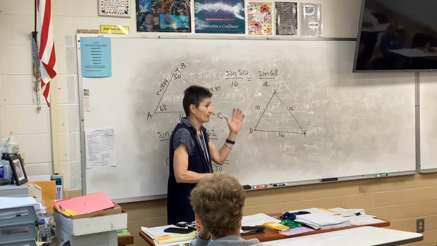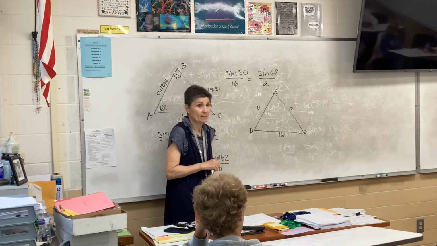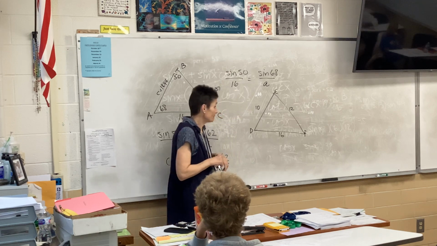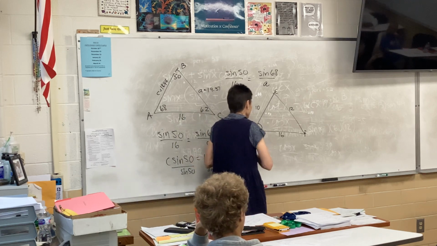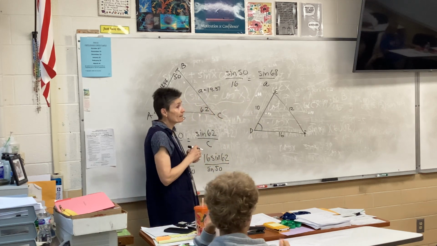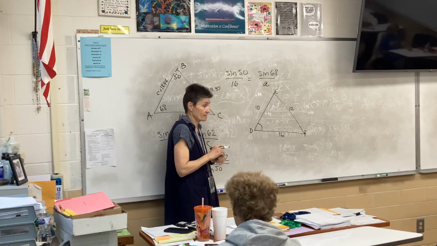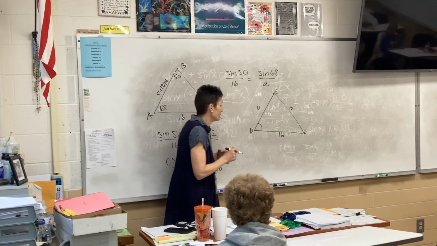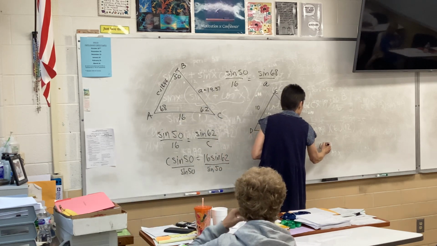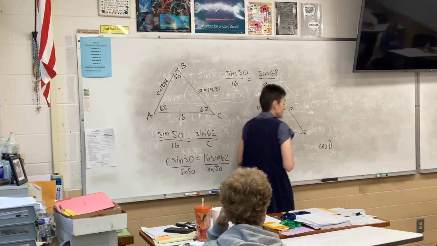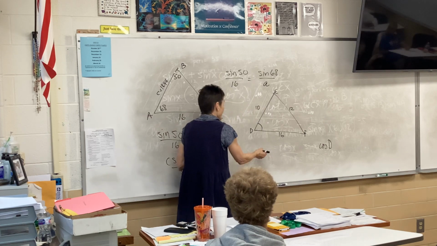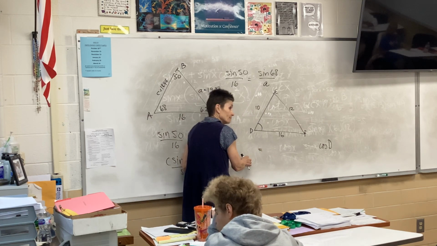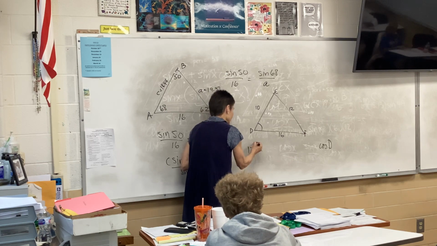You get to pick. What angle do you wanna find first? It makes no difference. Which one do you wanna find? D? Or I find angle D first. If I am using the law of cosines, and I am finding angle D first, then over here on this side, it's gonna say cosine D. And what's gonna be over here on this side, all by itself? 12 squared.